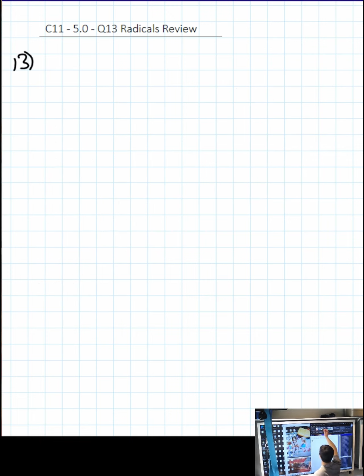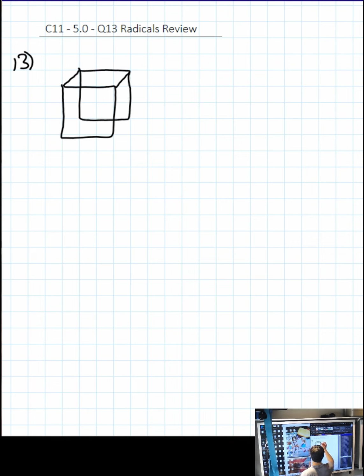Okay, we have number 13, find the expression for the volume. So let's start by drawing a rectangular prism. And the base length is 3/4 x, and the other base length is the square root of 8x cubed, and we have a height of root 4x to the 5.